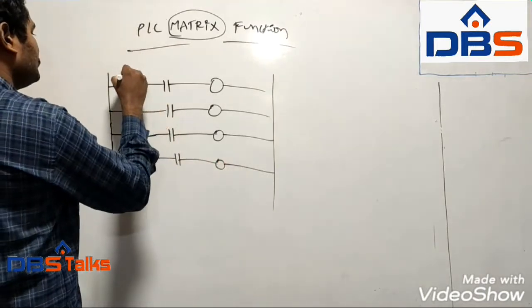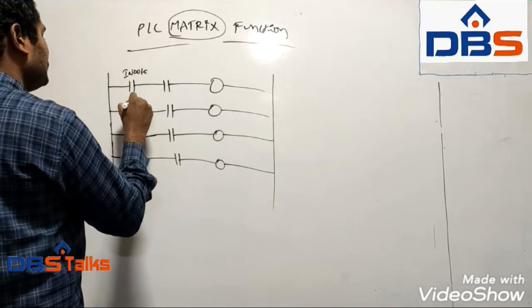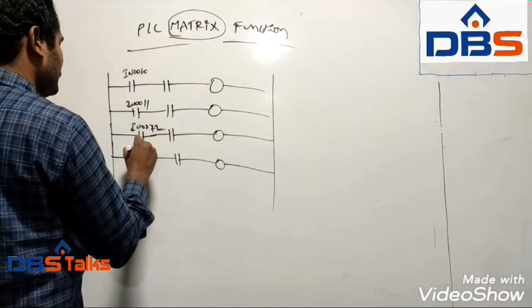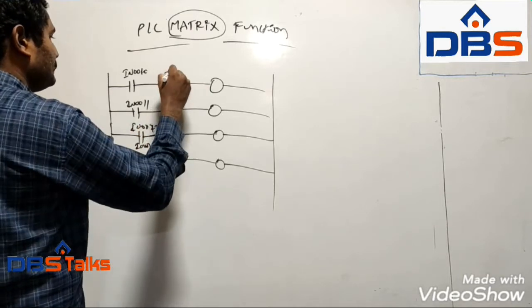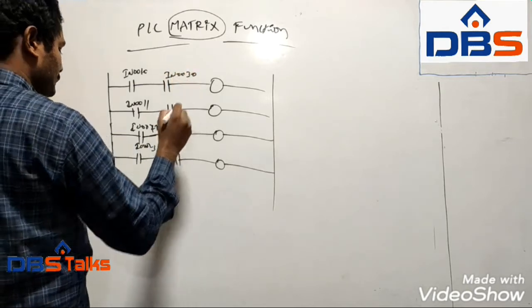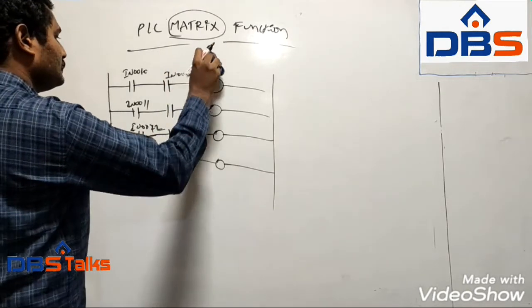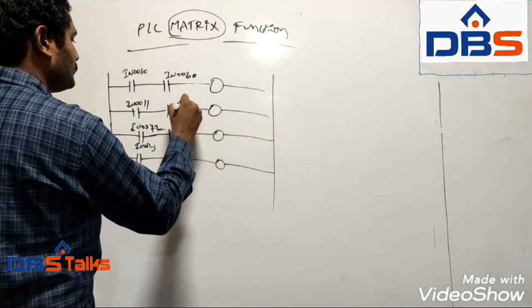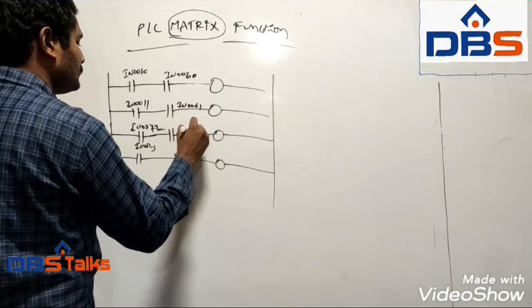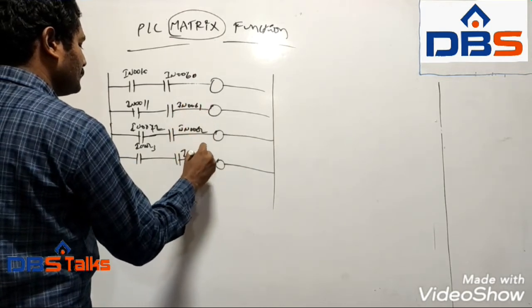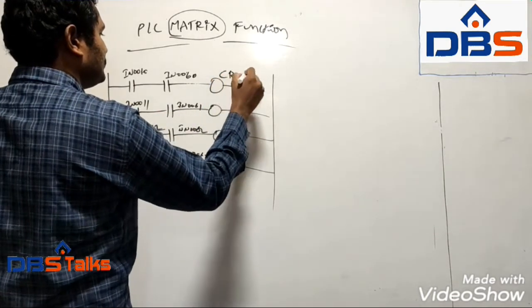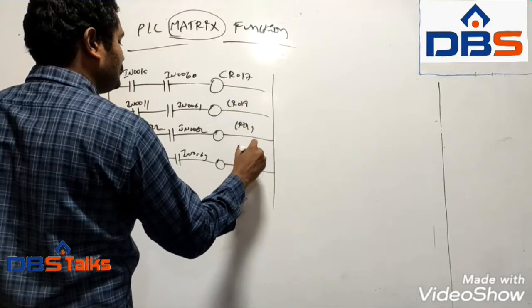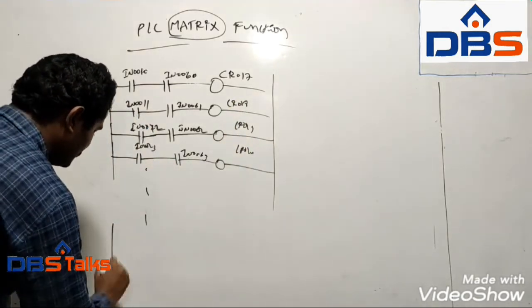Here I am taking IN0010, IN0011, IN0012 and so on, and the outputs are CR017, CR018, CR019, CR020, and up to 207 lines.